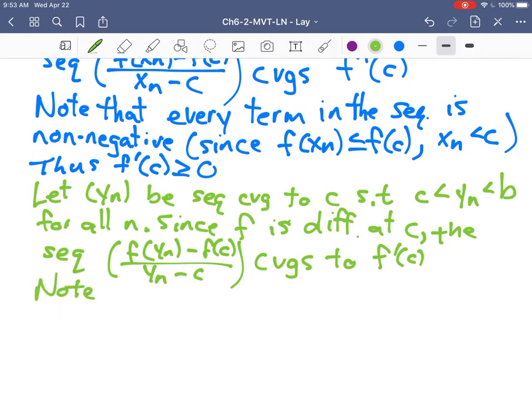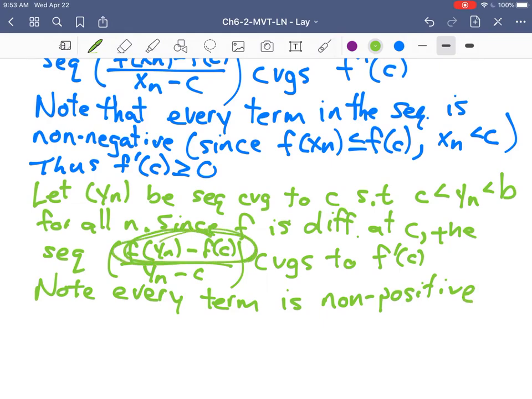Note that every term here is non-positive. All right, so up here on top, we will still either have 0 or a negative. Here on bottom, we will have a positive. So if it's 0 on top, we get 0. And if it's negative on top divided by a positive, we would get a negative.